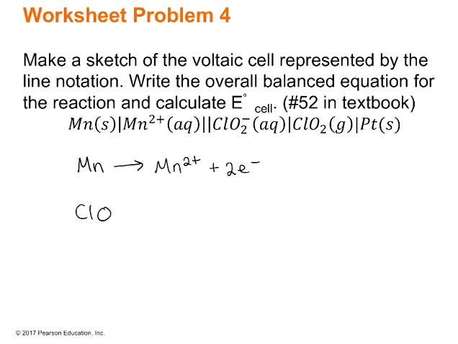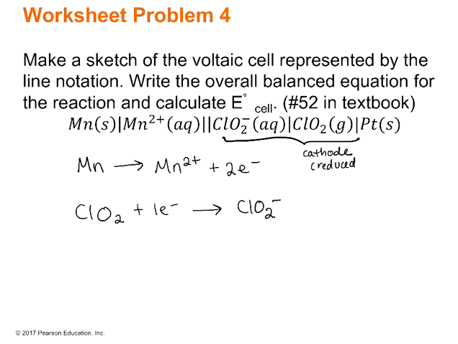So ClO2 is going to gain an electron to become ClO2 minus. So I might have misspoken before. Okay, so the reason that I knew that it was going to gain an electron is because, remember, this side is the cathode. So that means it's being reduced, which means that it's gaining electrons.